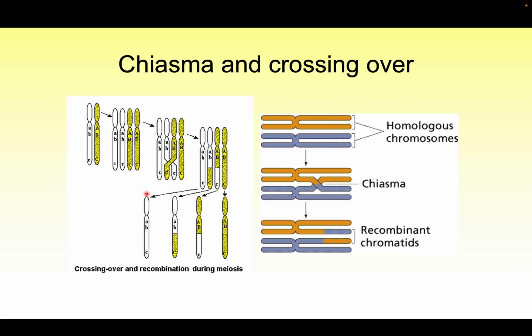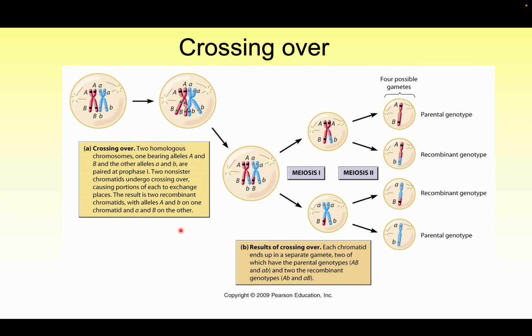So two will be very similar to the paternal and the maternal chromosomes, and the other two will have more recombinant states. Okay. Right. Okay. So I've discussed this already.